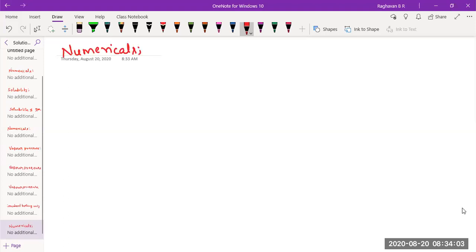Numericals. Yes, come on. The vapor pressure of water is 12.3 kilopascal at 300 Kelvin.